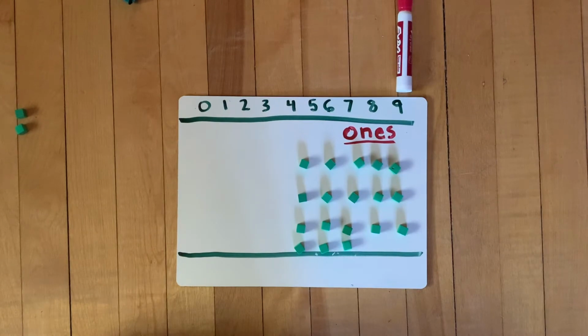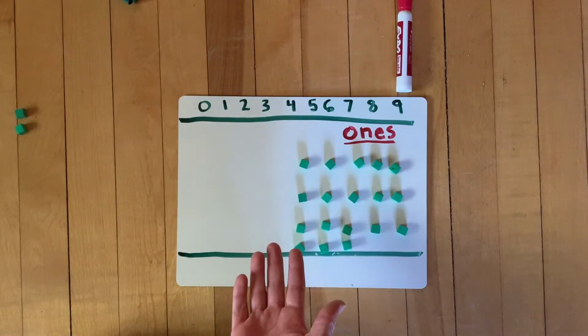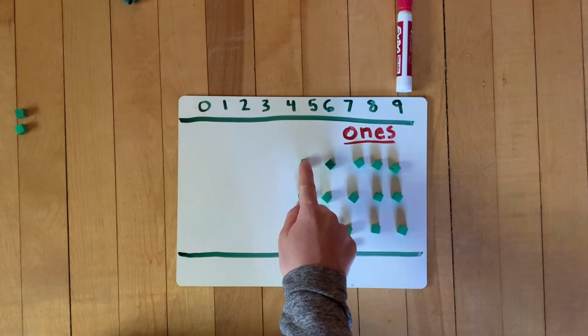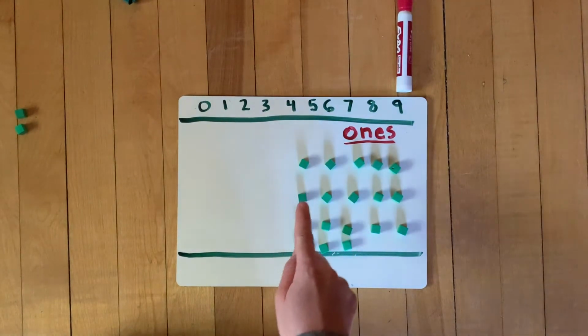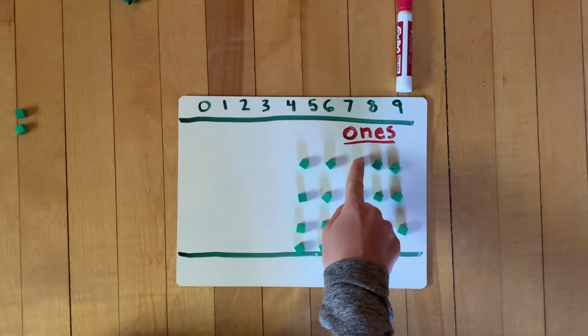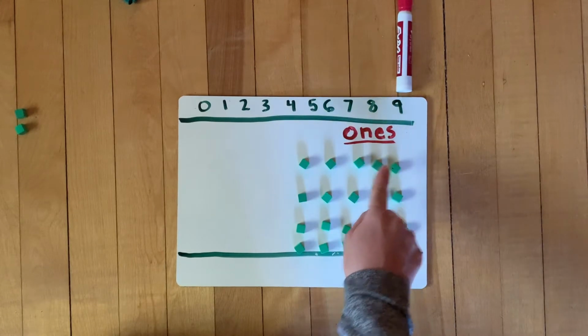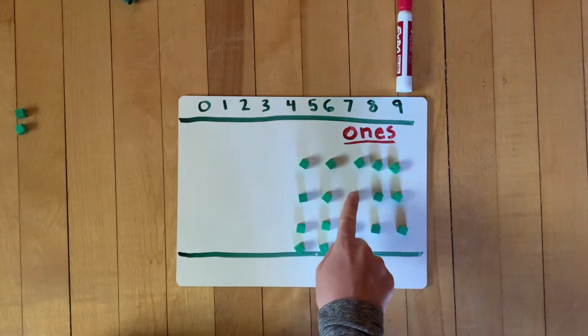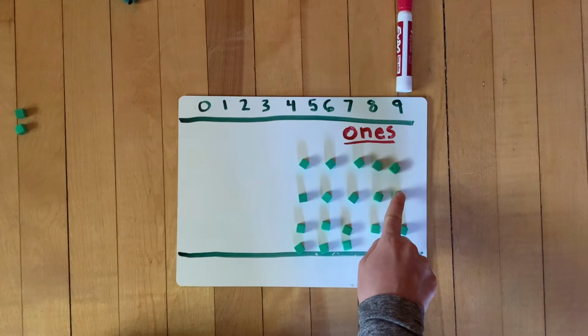Now imagine that I got called away for some reason or another. When I come back, it's going to be really overwhelming to recount all of those salmon swimming in this tank. I have to go back from the beginning in order to keep counting. 1, 2, 3, 4, 5, 6, 7, 8, 9, 10.